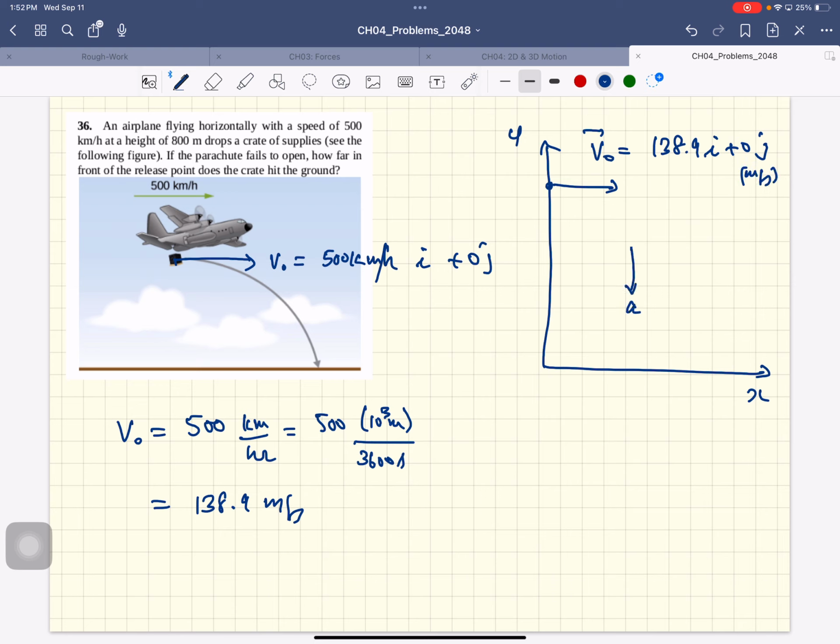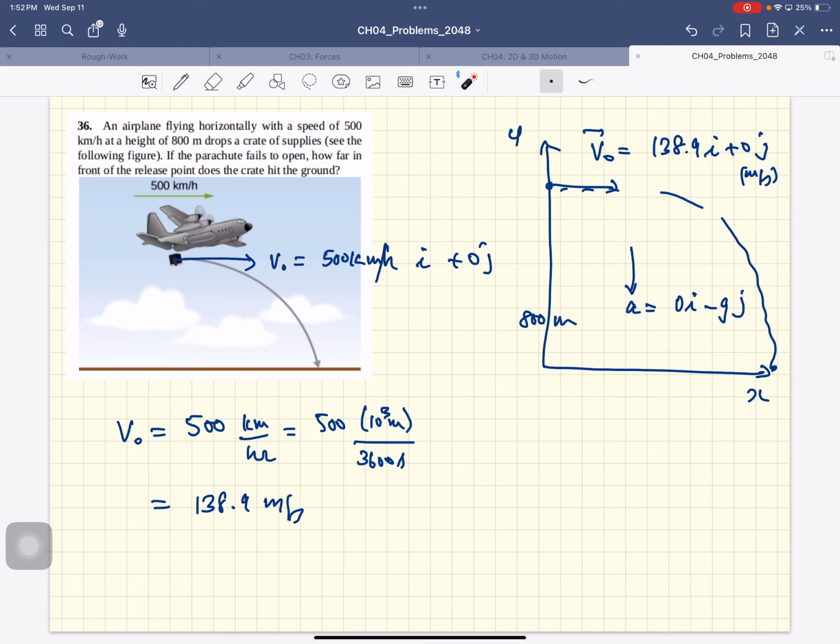Acceleration is 0 i minus g j, and the initial height is 800 meters, and this thing falls like that on a parabolic trajectory. Okay, what is it that we want to find? Drops a crate of supplies. If the parachute fails to open. So what are they saying?